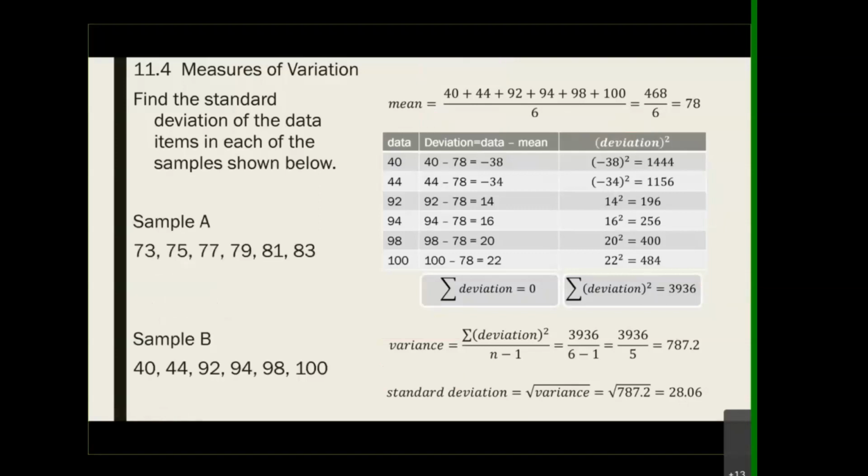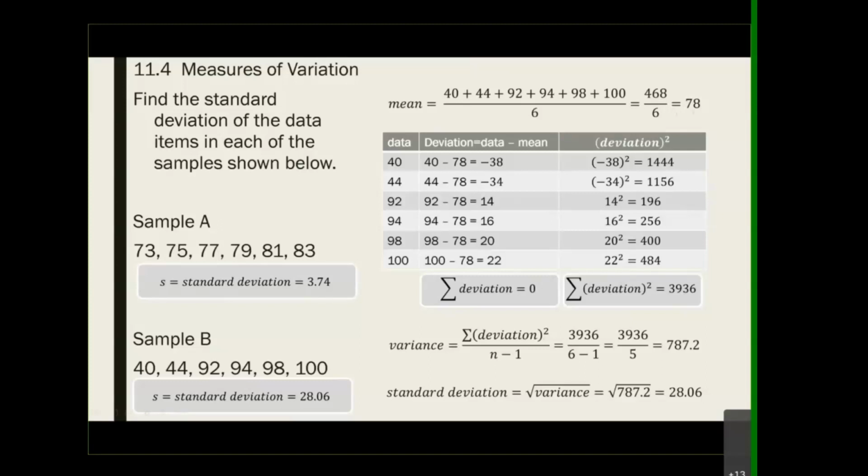Let's go back to the sample A and sample B. To remind ourselves, these are the 2 standard deviations we have, right? Sample A, the standard deviation is 3.74. Sample B, the standard deviation is 28.6. So my question to you, if you don't have a question for me, is why do the 2 samples have a different standard deviation when the mean is the same?